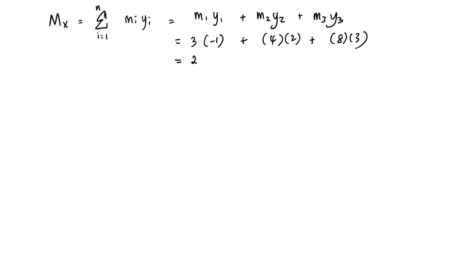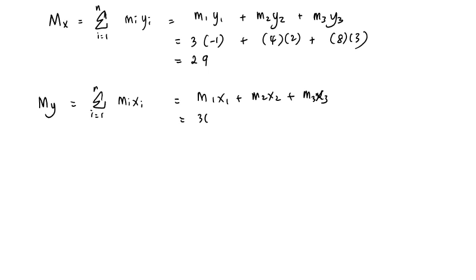That gives you 29. And find My, the summation from i equals 1 to i equals n, mi xi. So you get m1 x1 plus m2 x2 plus m3 x3.